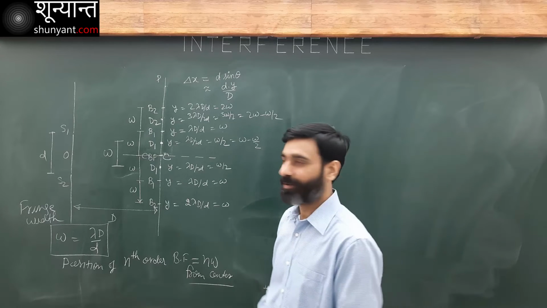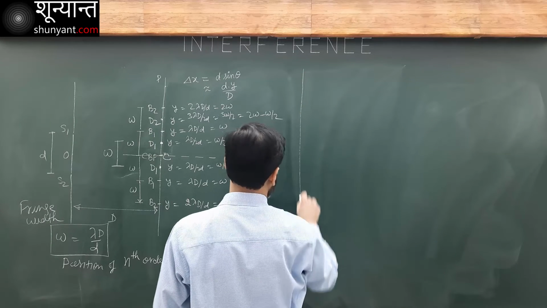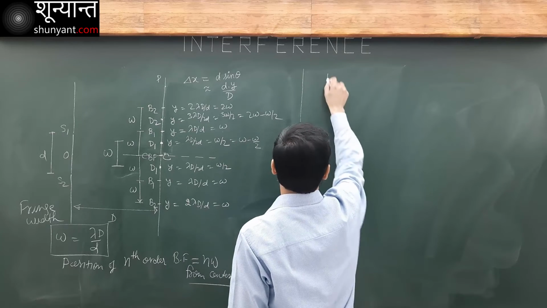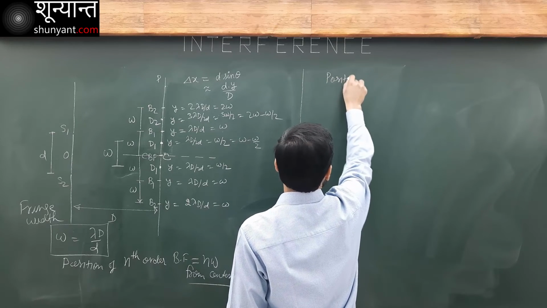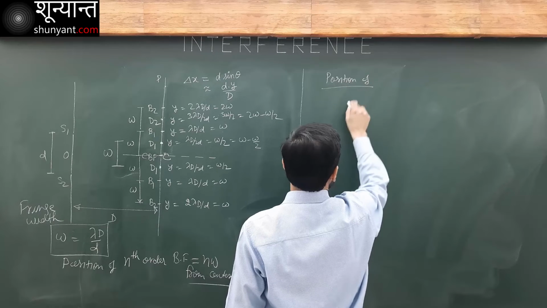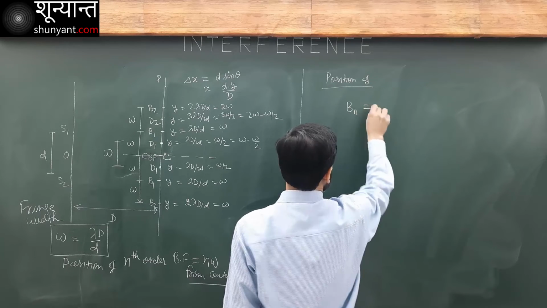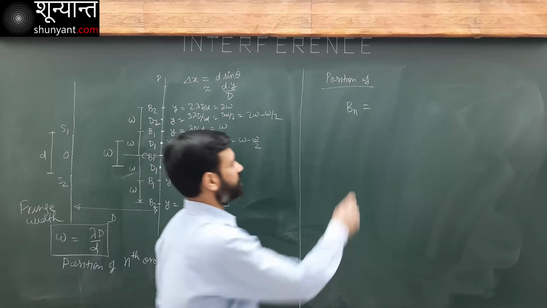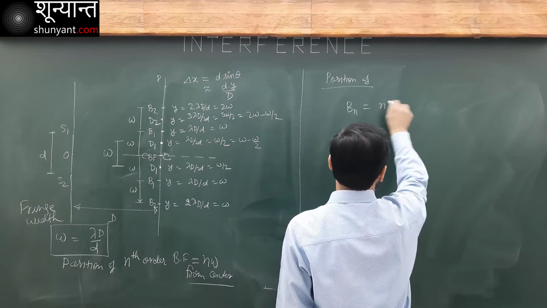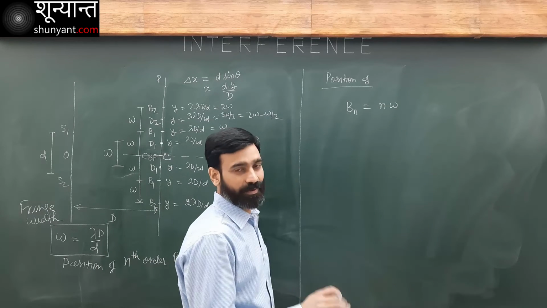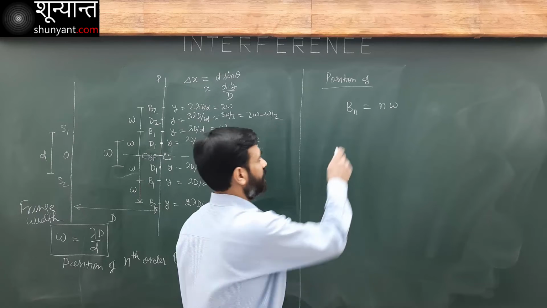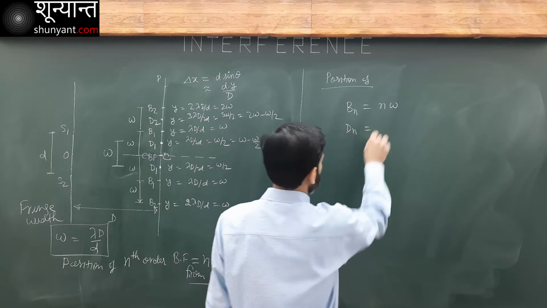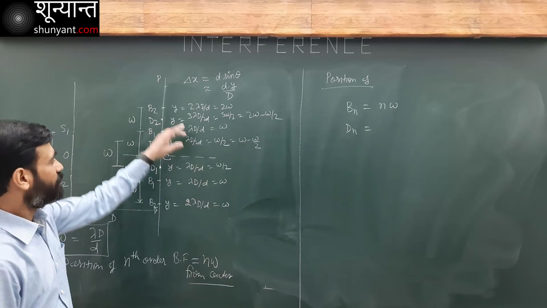What about the nth dark fringe? The position of the nth bright fringe is equal to n omega. Now the nth dark fringe: look at this.